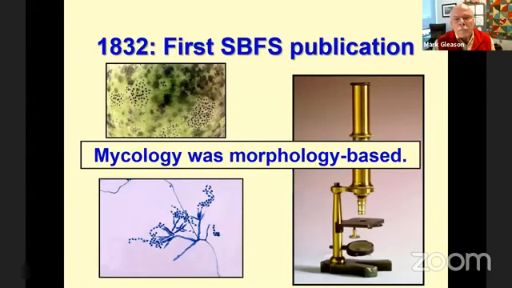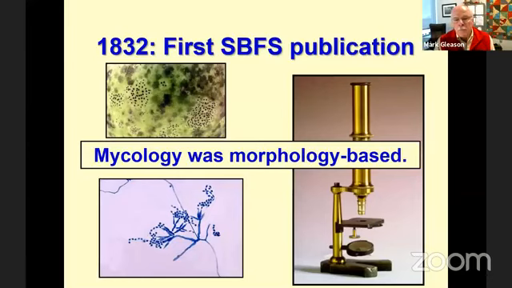The story of the study of sooty blotch and fly speck goes back nearly 200 years. The first publication on sooty blotch and fly speck was published in the United States in 1832 by a person who is now considered the father of mycology in the United States.